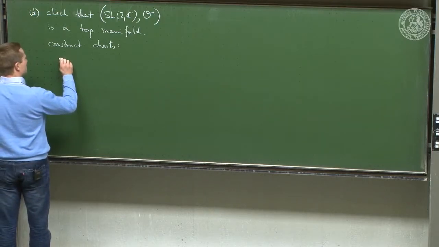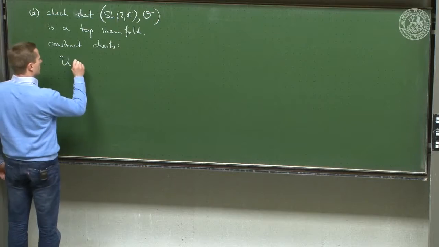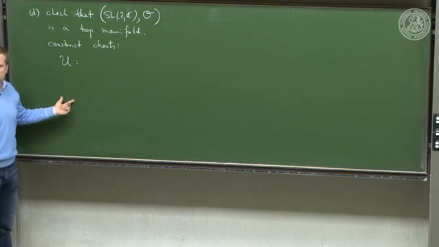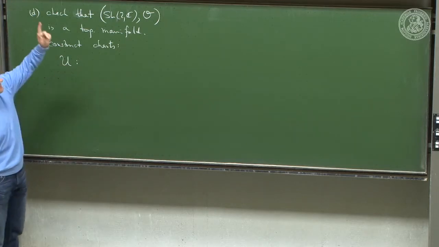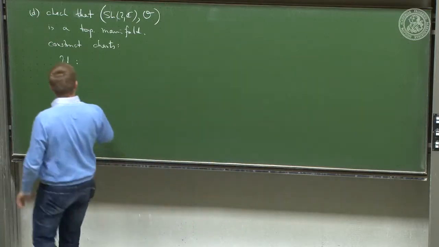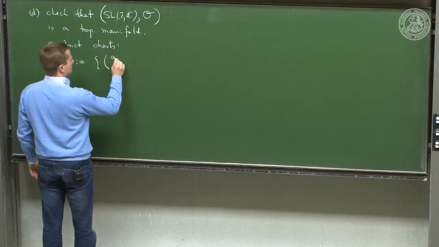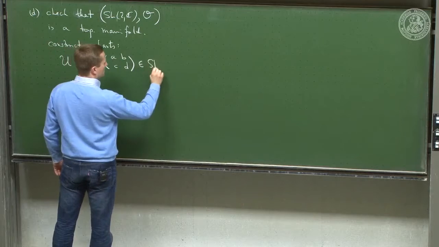We construct two charts. The first chart we call U. A chart consists of a chart domain and a chart map. The chart domain is a subset of the topological space, so I need to define U as some subset A, B, C, D of the topological space.